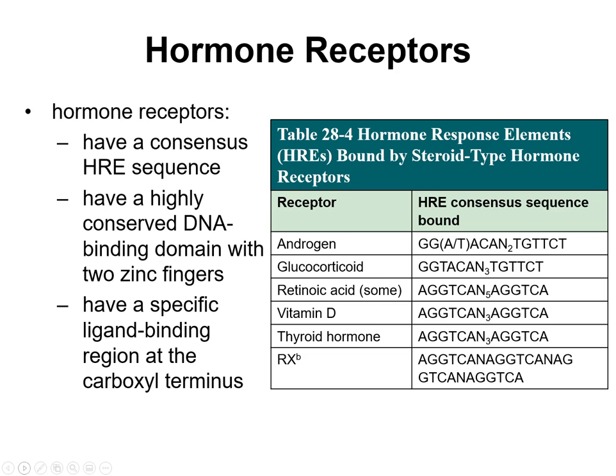And there's a specific ligand binding region at the C terminus. So this is the basic structure of these hormone receptors. They have to have something that's going to bind to that consensus sequence and something that's going to recognize the ligand that it's supposed to respond to.